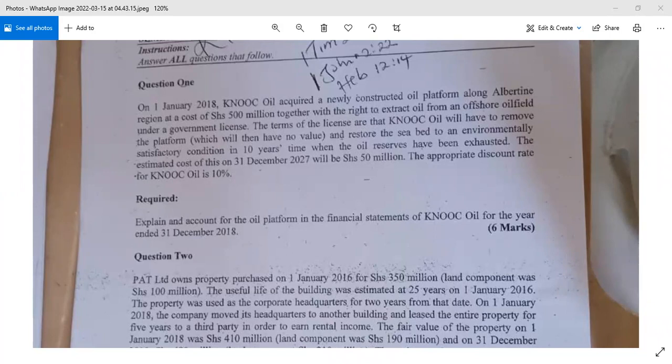So we're saying the first thing is our costs, a component of which is the 500, what you call the purchase price. What he incurred was 500 million, from the equation. Then we have what you call restoration costs.